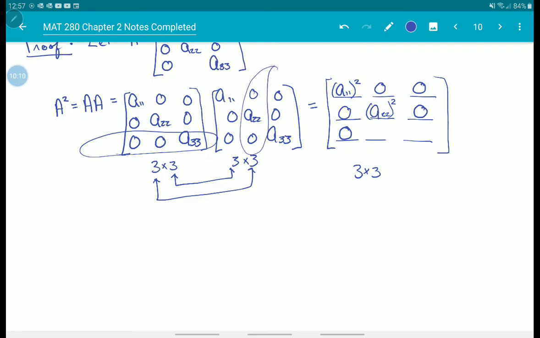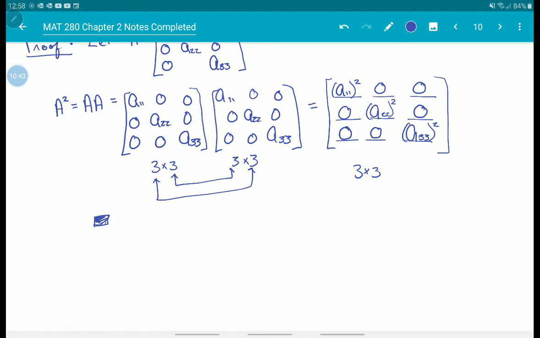Second column gives us a 0. But that third column, we would have 0 plus 0 plus A33 times A33, which is A33 squared. So you can see why this works the way it does. It comes out in the proof. So there's the end. And I like to show the end of a proof by drawing just a little square down here that's shaded in. It lets me know that's the end.